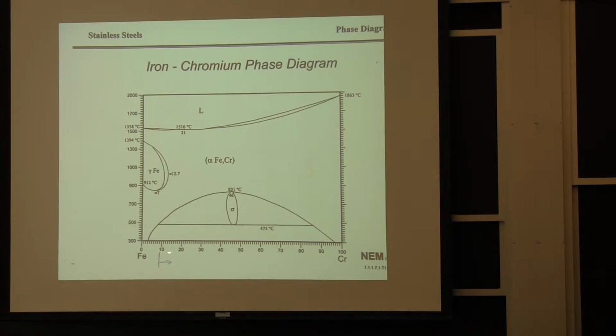Like I said earlier, the chromium content in ferritic stainless steels is typically more than 10. It gets you to avoid the gamma loop and puts you over in this region where you're going to be solidifying from the liquid into an alpha or ferritic chromium microstructure.